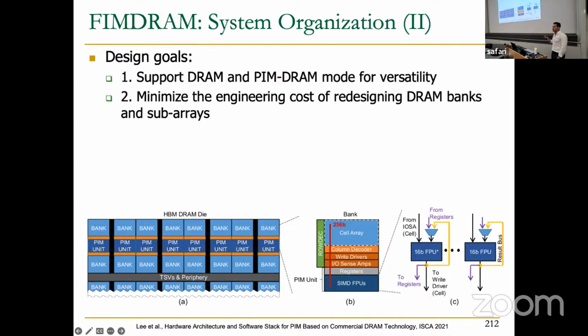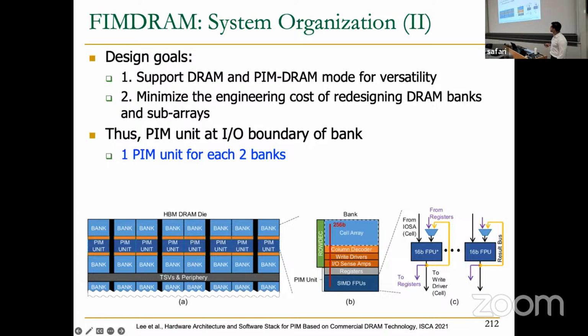They still don't like to change many things, though nowadays they are more open. But the peripherals are okay-ish to change, because regardless, there are already some decoders and some logic over there. So they are going to restrict themselves to adding computation to the periphery of a DRAM bank, as I mentioned.